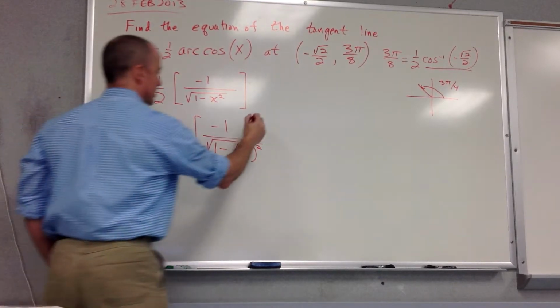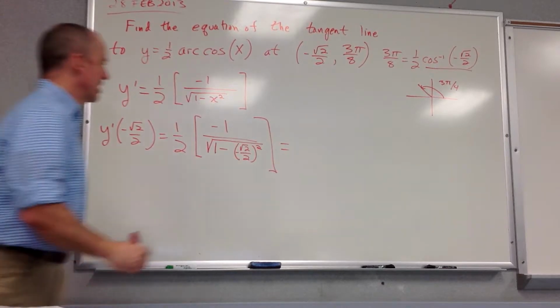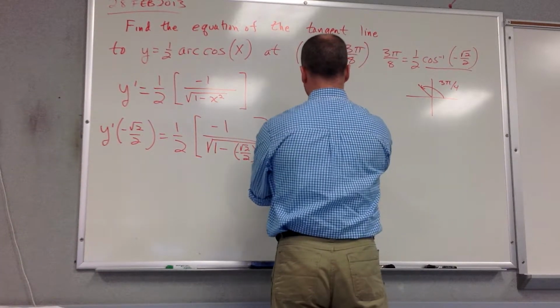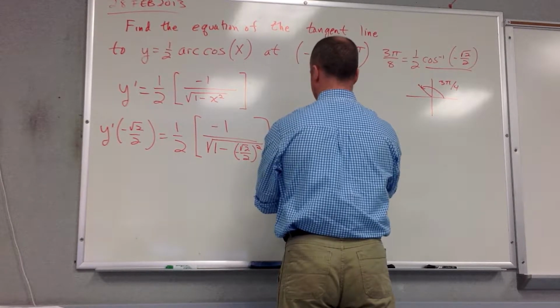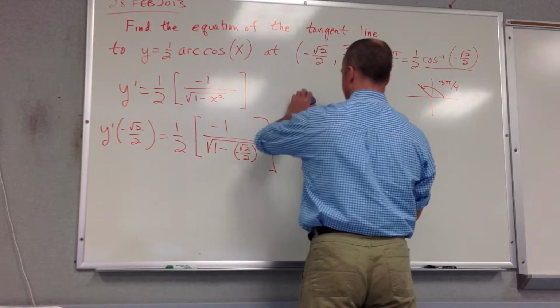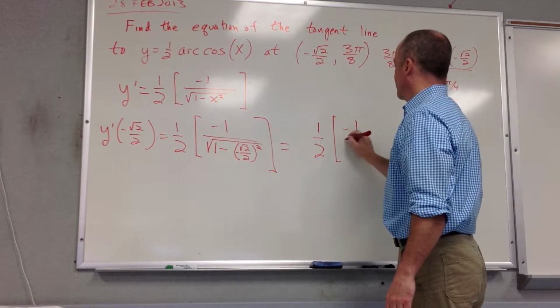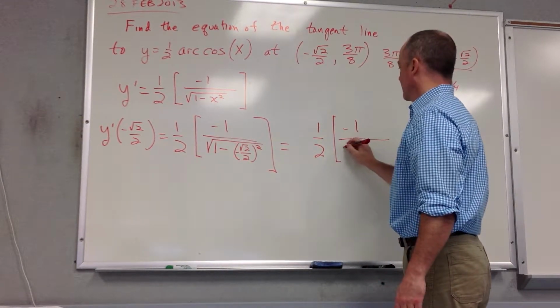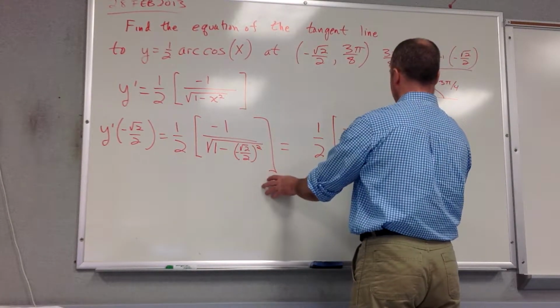Okay, so I see some possibilities. Go ahead. The root 2 squared just becomes 2 over 4, so 1/2. Okay, so that's going to be negative 1 over root 1 minus 2 over 4.